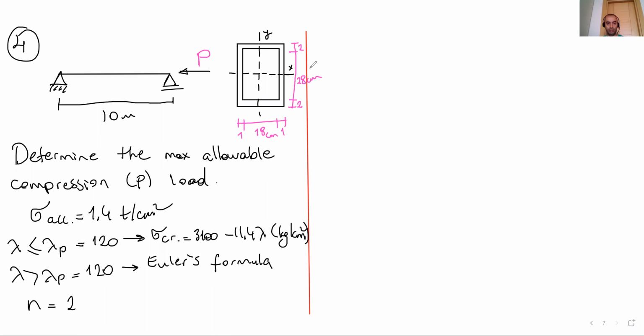To start our calculation, we have to calculate the minimum moment of inertia. Here, I will give you both of the moments of inertia for the main axes, Ix and Iy. This is Ix, Iy. Please make these calculations by yourself, to remember how to calculate moment of inertia.